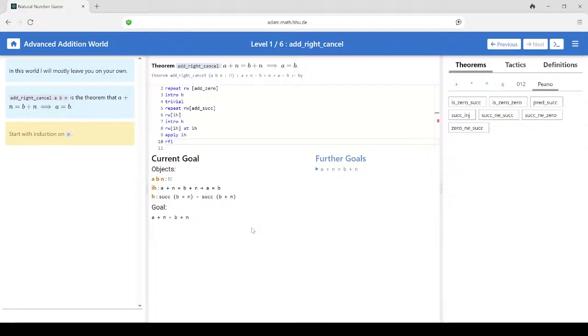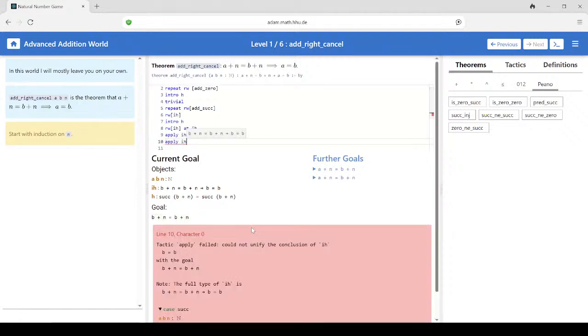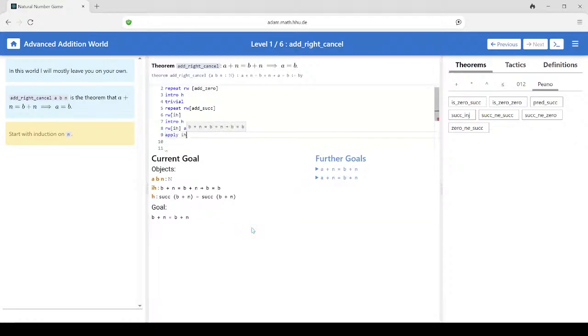Come on. It keeps looping. Almost thought I was onto something, but I was not.